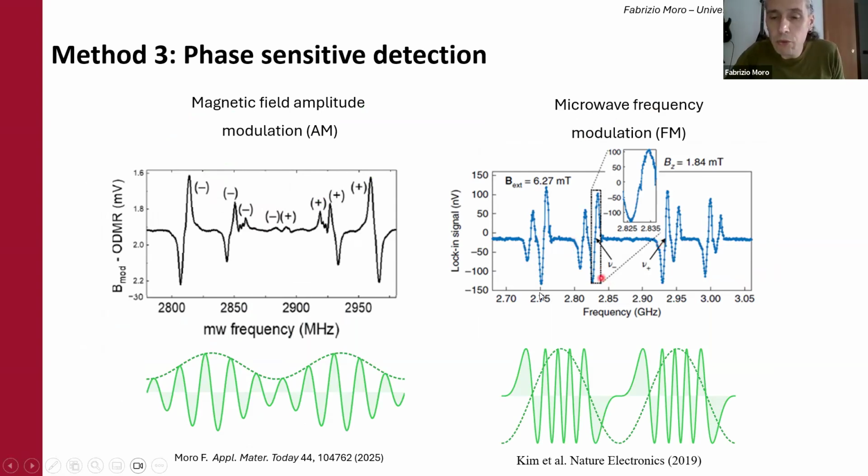If you modulate the microwave frequency, you always get first derivative signals, but they all have the same symmetry. So there's no inversion between the transition 0 to +1 and 0 to -1. And so this is the key point that can be exploited for detection of magnetic field polarity, based on magnetic field amplitude modulation and not on microwave frequency modulation.